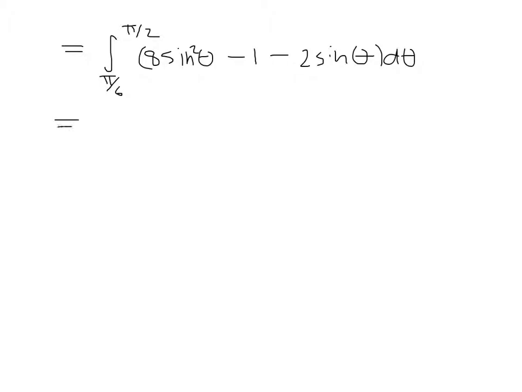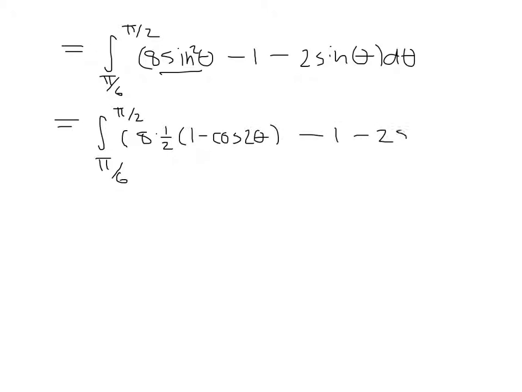And once again, we have to convert this sine squared theta into regular sine theta using the double half-angle identities. So that will be 8 times 1/2, 1 minus cosine 2 theta, minus 1 minus 2 sine theta d theta.